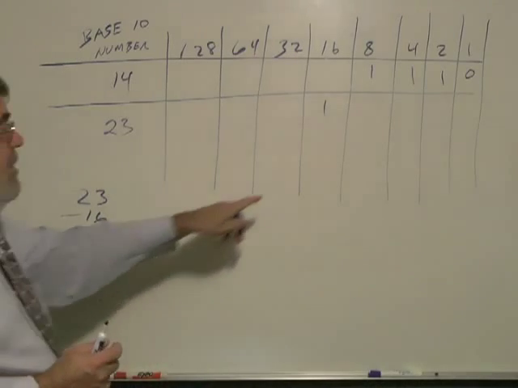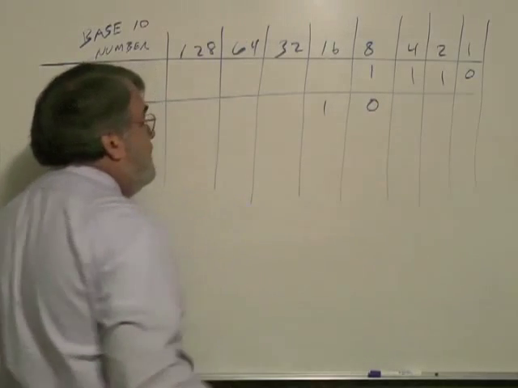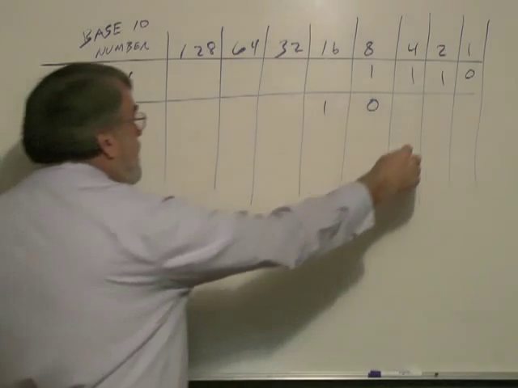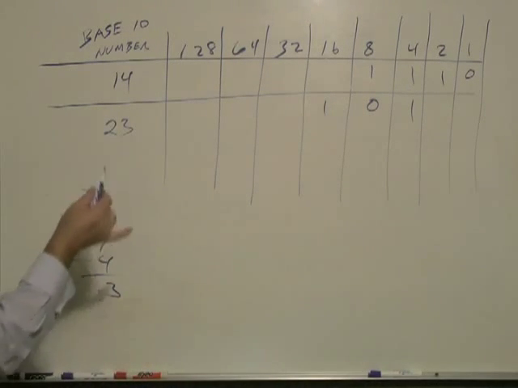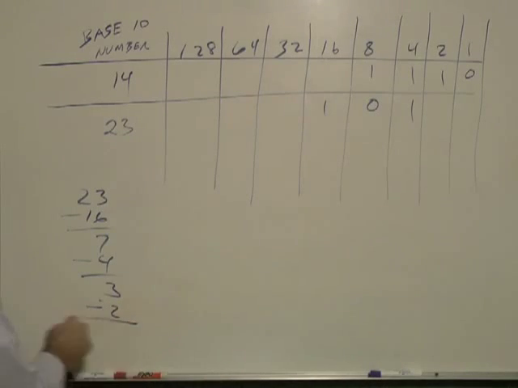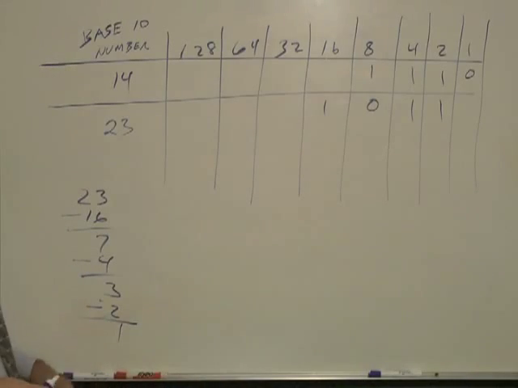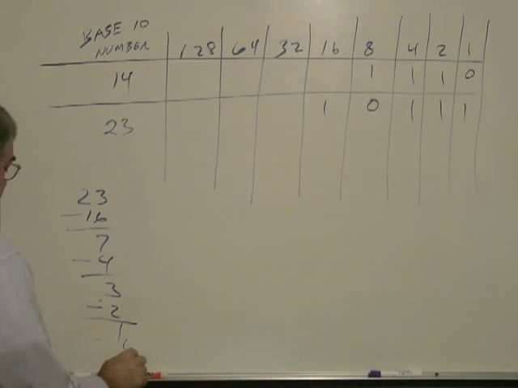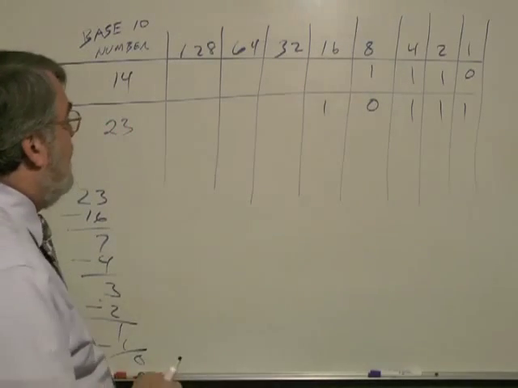Now I cannot subtract 8, because 8 is larger than 7, so I'm going to put a 0 in the 8 position. But I can subtract 4, and that gives me a 3. I can subtract our next number, 2. And when I do so, the remainder is 1. I can subtract 1 and get down to a remainder of 0 by this subtraction.